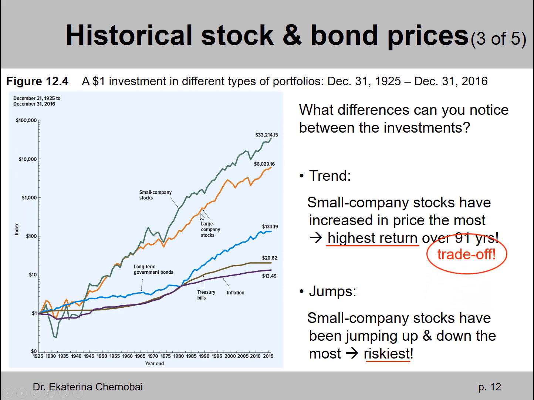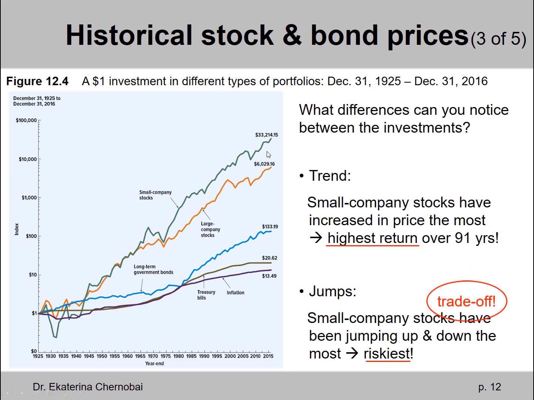The large company stocks have also produced a very good return, second highest, and they're not fluctuating as much. They still go up and down quite a bit, but not nearly as much as the small company stocks, and so on.